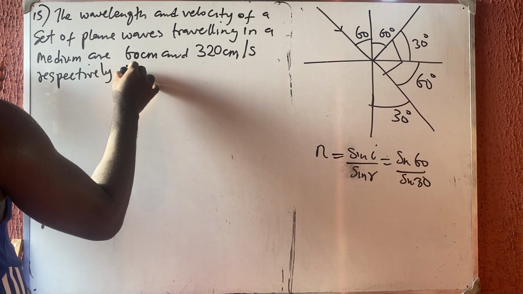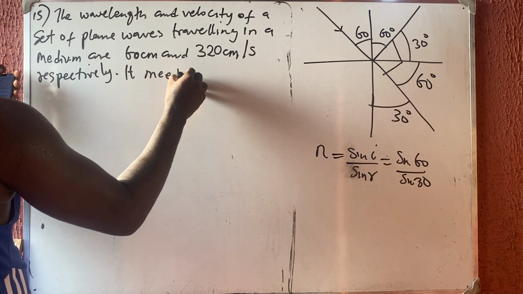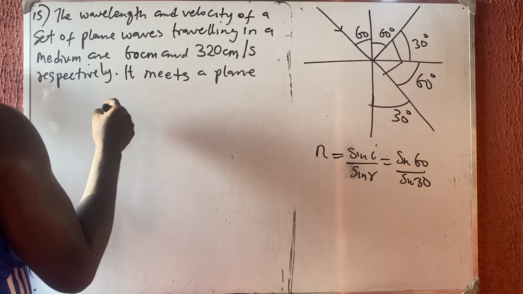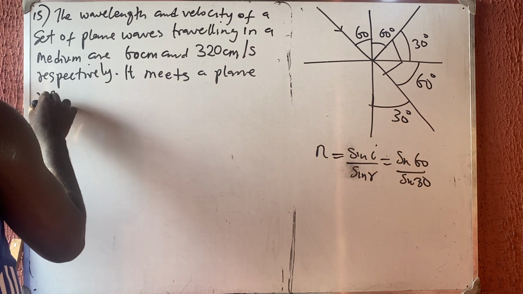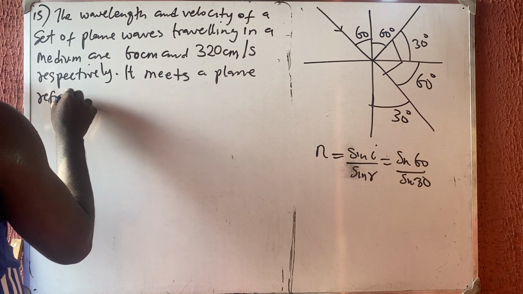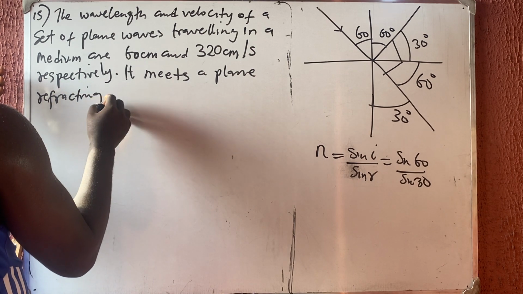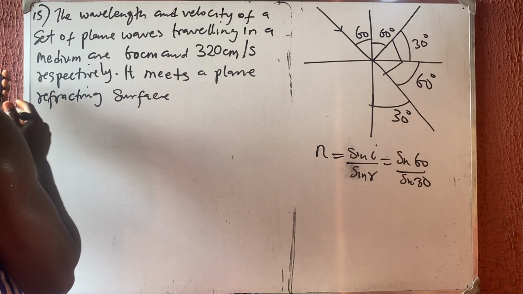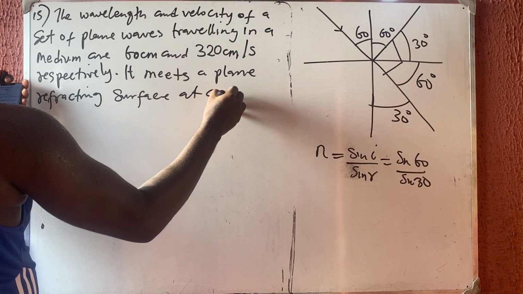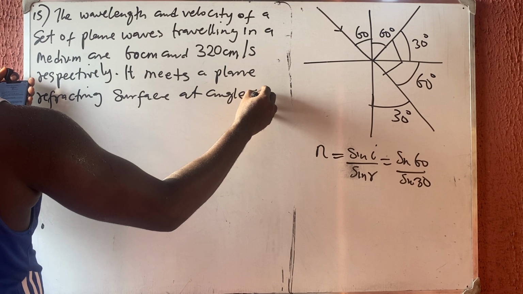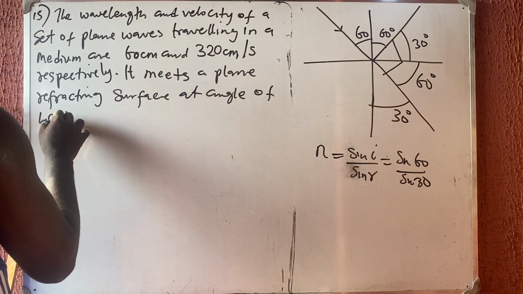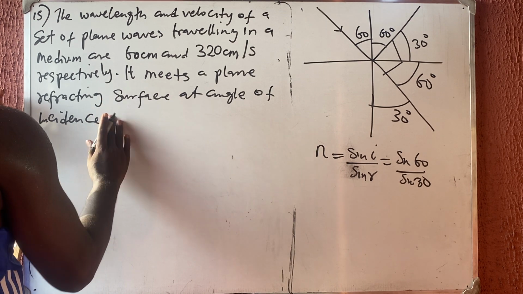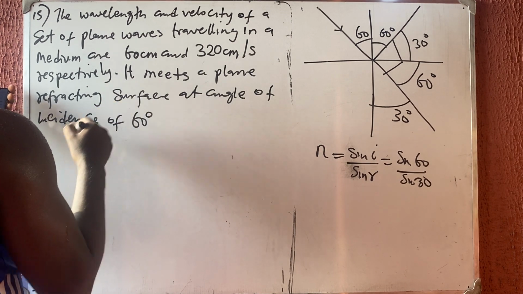Then it says it meets a plane refracting surface at an angle of incidence of 60 degrees.